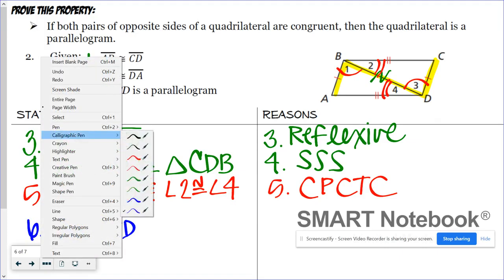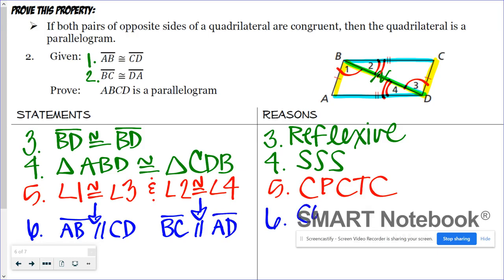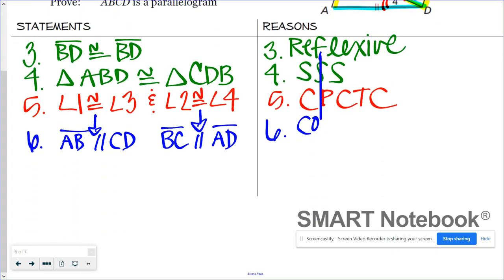Likewise, the fact that angle 2 is congruent to angle 4 allows us to prove that BC is parallel to AD. And that's by the converse of the alternate interior angles theorem.